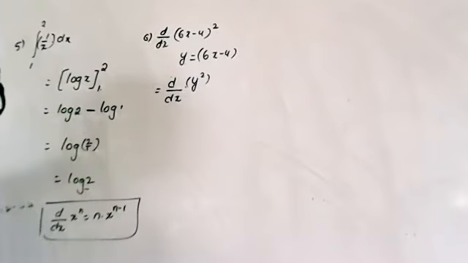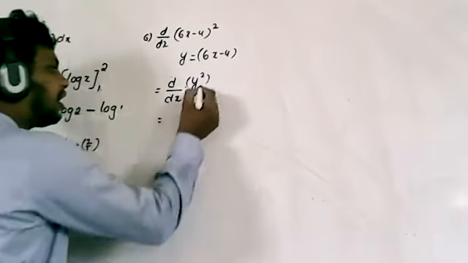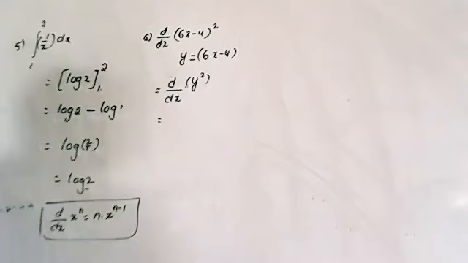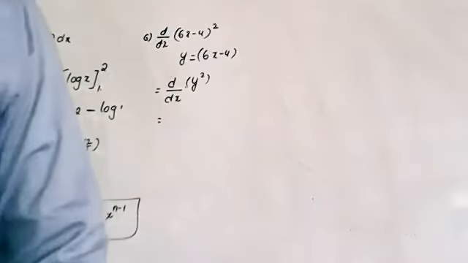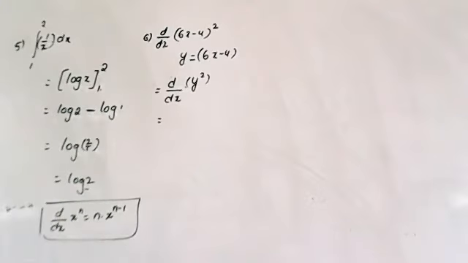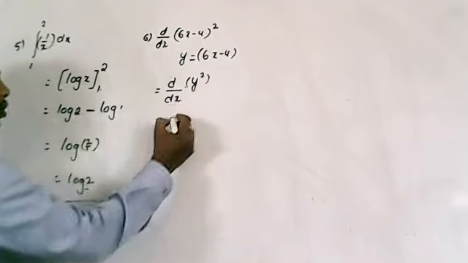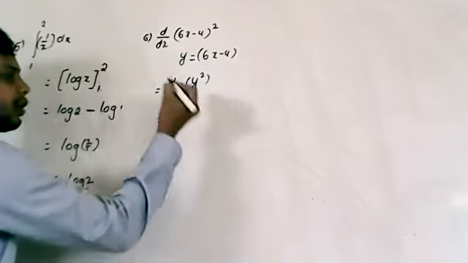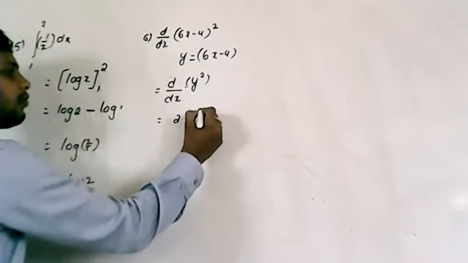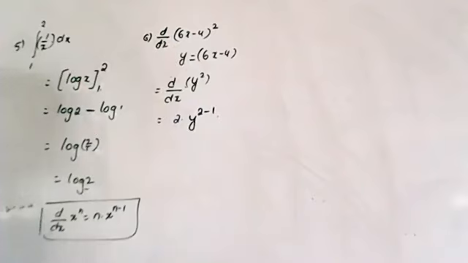What is the d by dx of x power n formula? Yes, n into x to the power of n minus 1. Therefore, I will write n into y to the power of n minus 1.